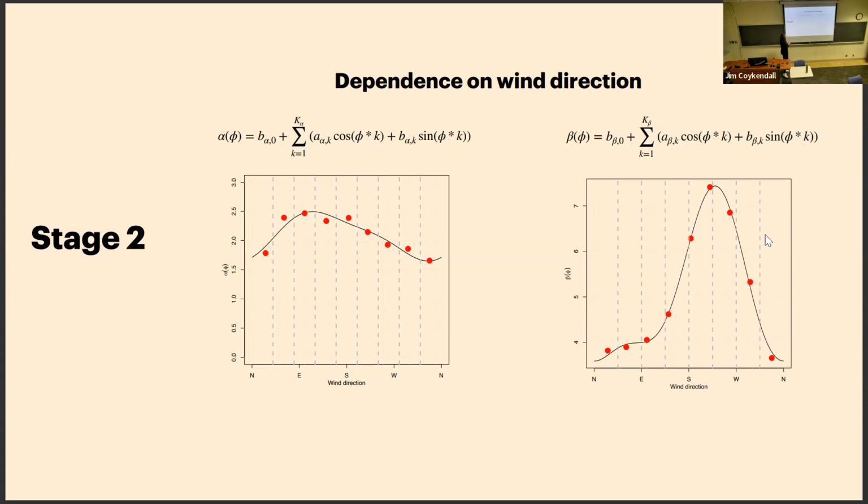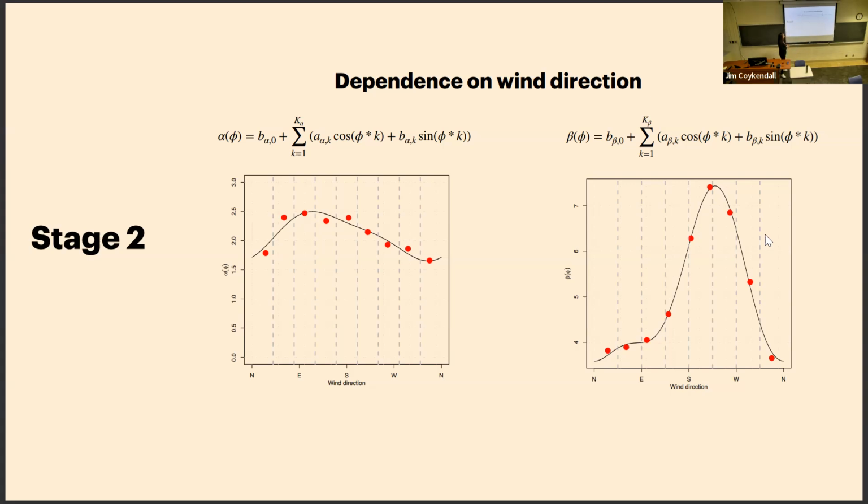And if you remember, that dependence is constructed using a periodic function. In this case, we actually use pairs of sine and cosine, some call them Fourier series. Statistically, this part here is called harmonic regression. So we are regressing the parameter estimates on wind direction using harmonic functions.